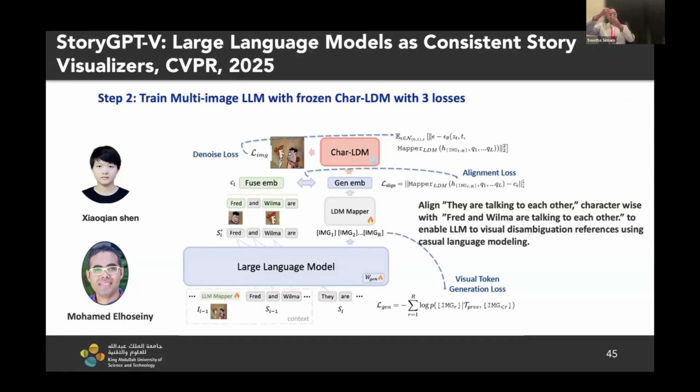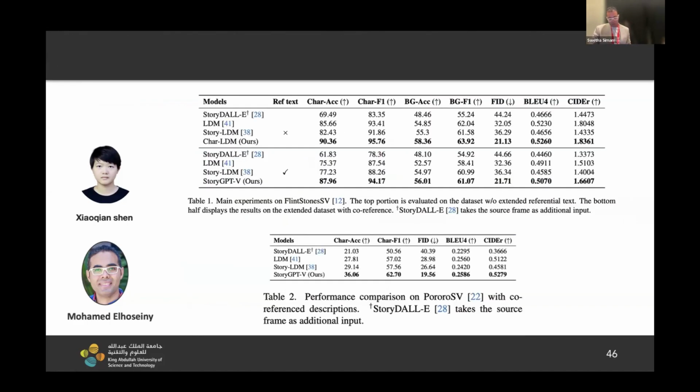So we compute the character embedding before disambiguation, and the word they, and then we make sure that after the LLM, these two embeddings match each other. So this is a realization of the idea of how we visually disambiguate the pronoun here to the characters that we want to refer to.